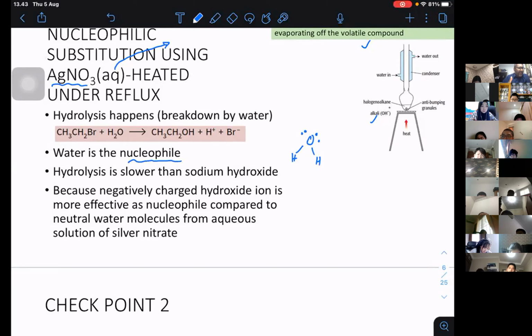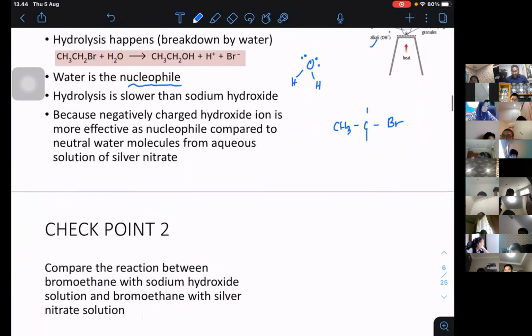And you can see that they are going to react with the halogenoalkane. Now, let's look at the halogenoalkane first: CH3CH2Br. What happens here is that the Br, being electronegative, is going to withdraw the electrons to itself.